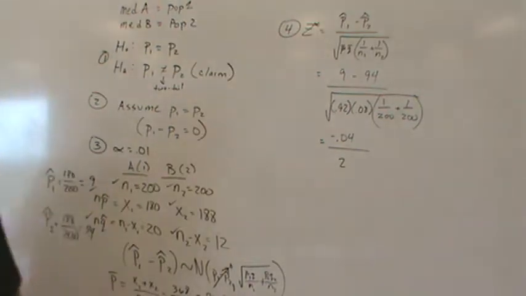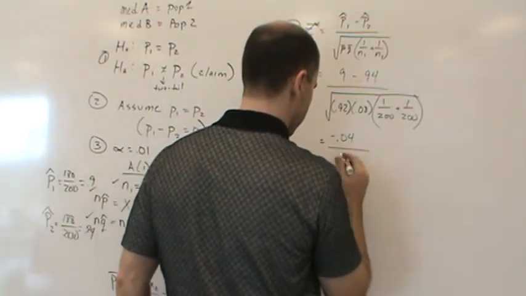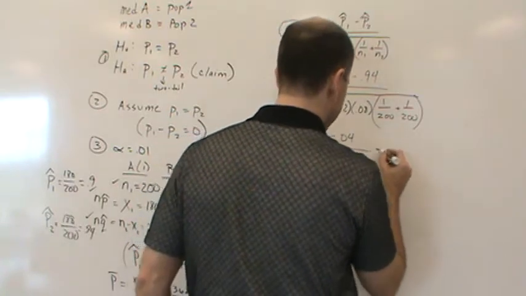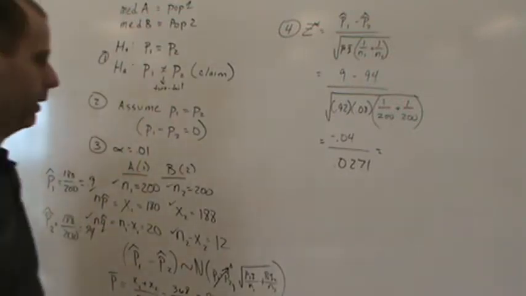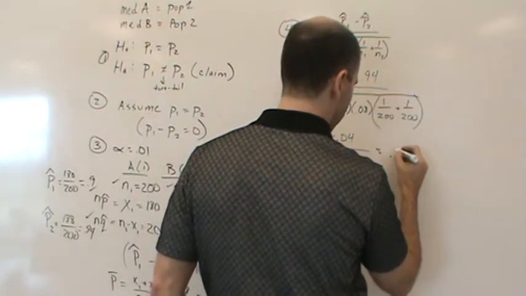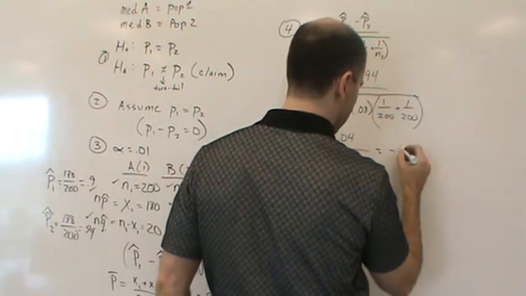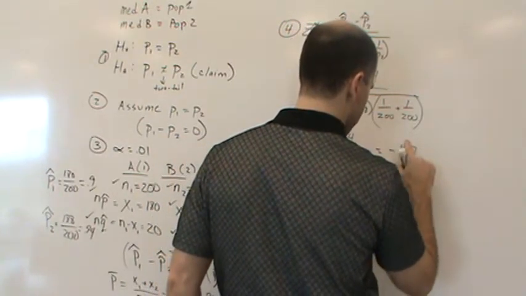Hold on a second. 0.0271. And so if I take my negative 0.04 divided by that, I get negative 1.474.